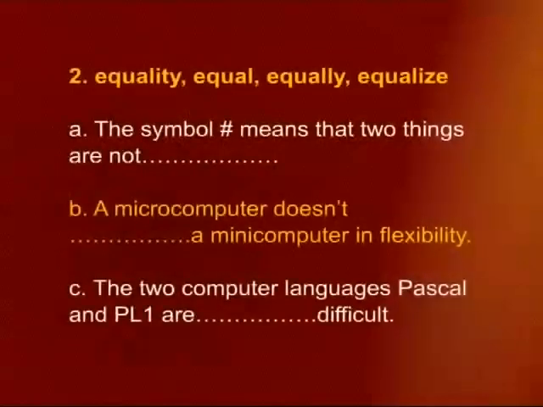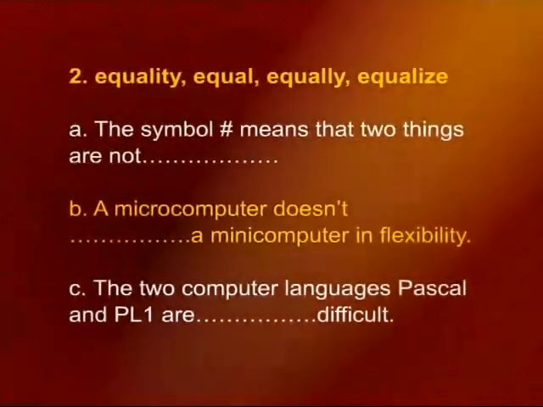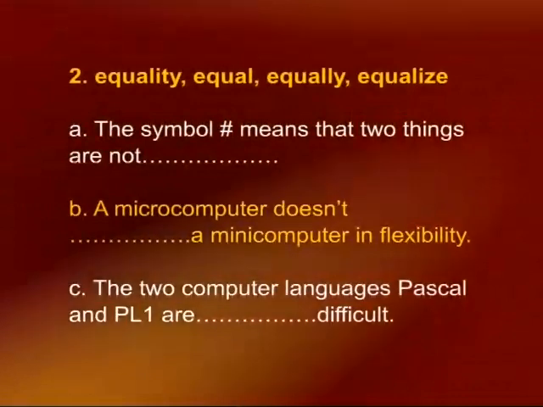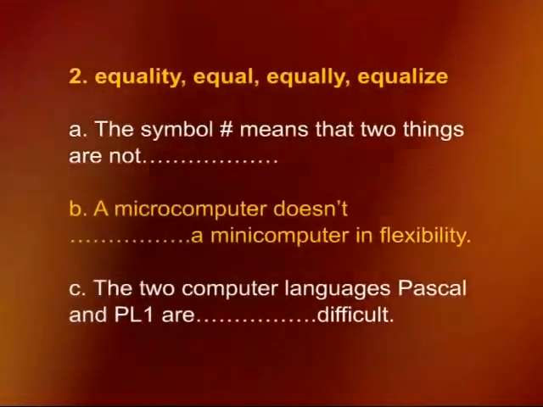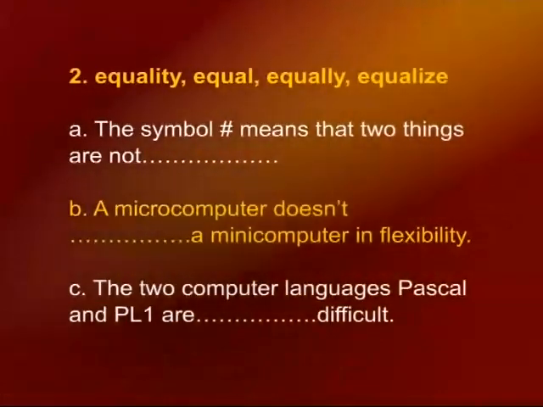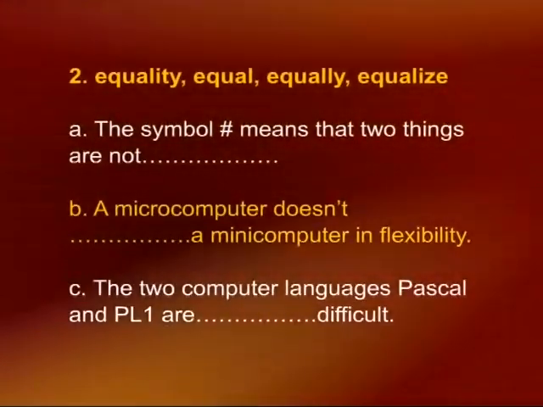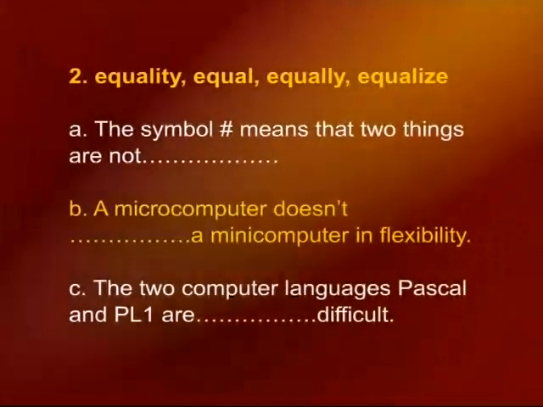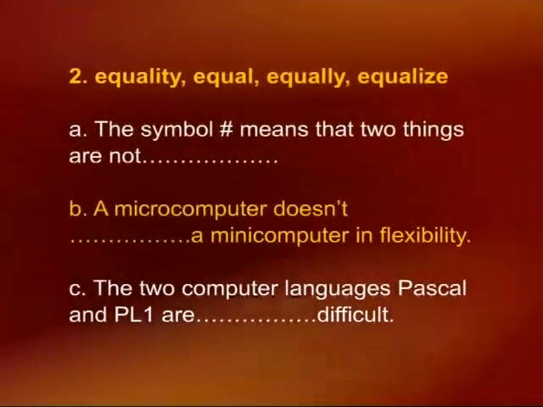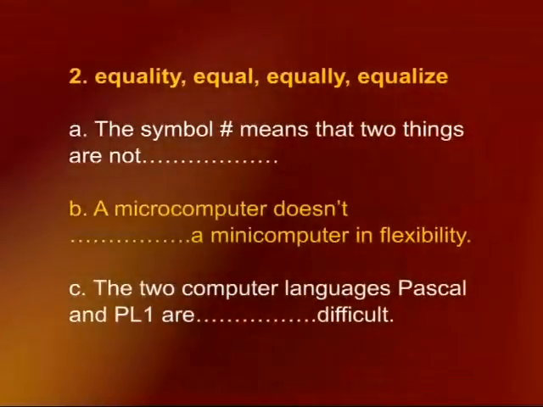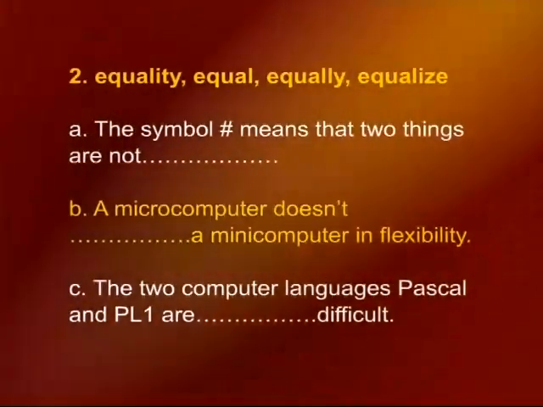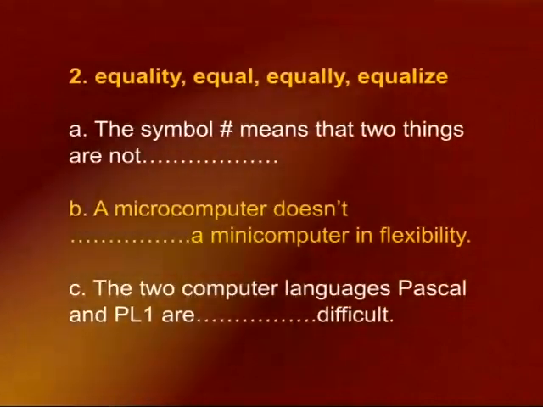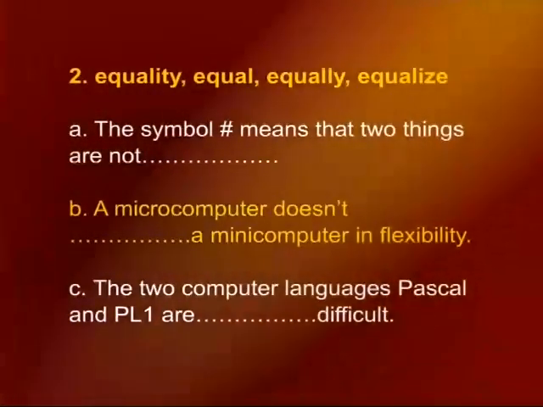Number 2, again there are 4 words: equality, equal, equally, equalize, right? Verbs, nouns, adjectives, sometimes you even have adverbs over there. And you have to see which one would be appropriate in which context. Number A, the symbol given to you means that two things are not equal.